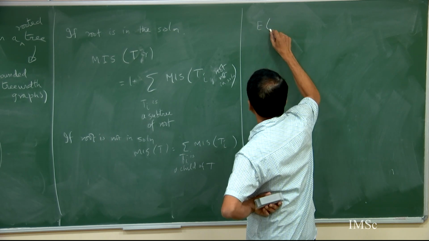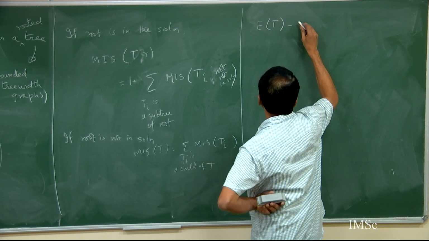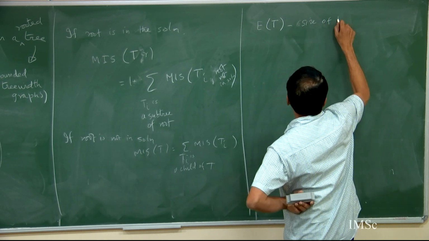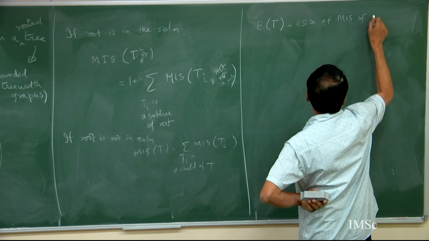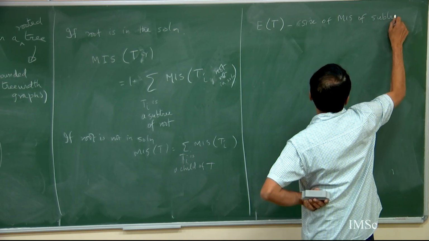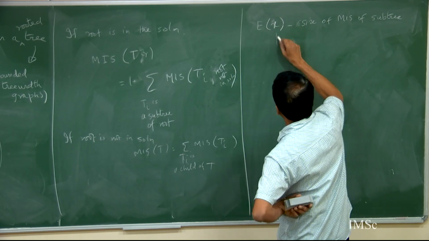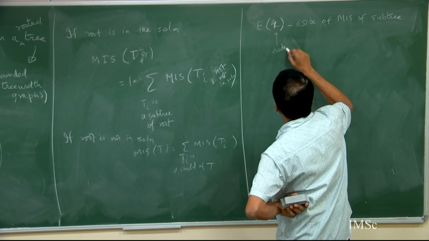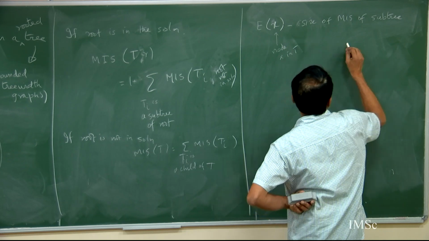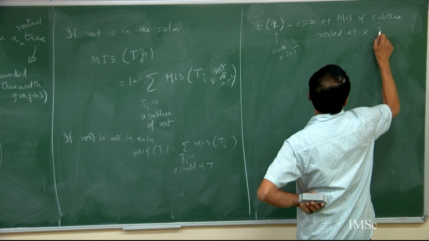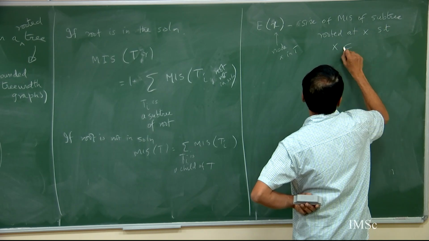Let us call E of x the max size of MIS of the subtree rooted at node x such that x is not in the MIS.